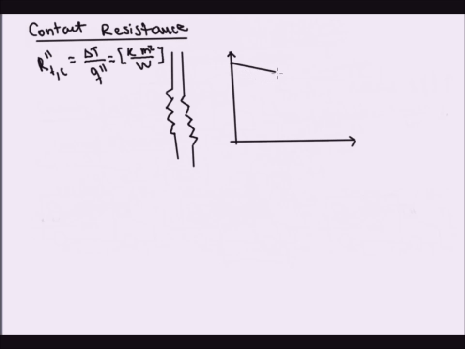So imagine heat was flowing in this direction, and at the contact resistance at this point, you would have a drastic temperature drop, even though they are at the same distance and they have almost equal thermal conductivities. So this temperature gradient that you need is due to having a higher resistance, so you need a higher driving force to get the same amount of heat flowing across the interface.